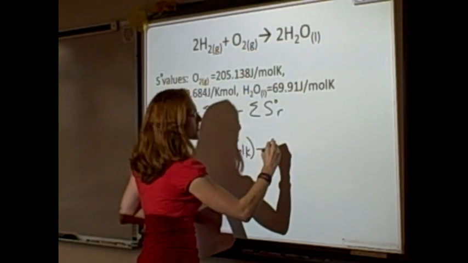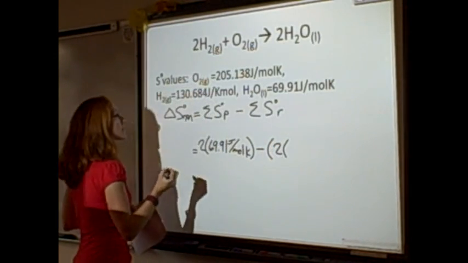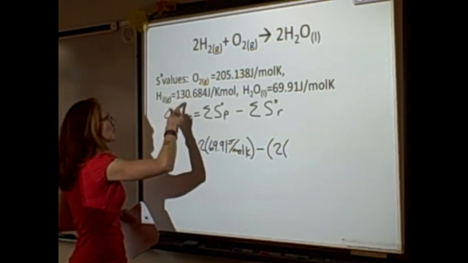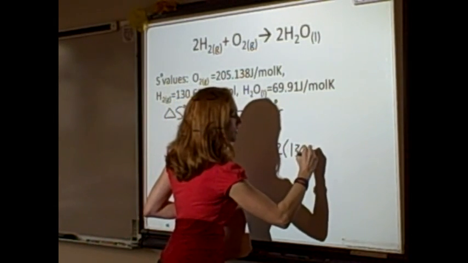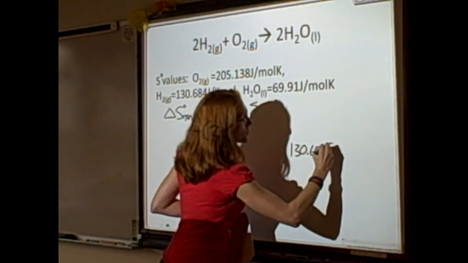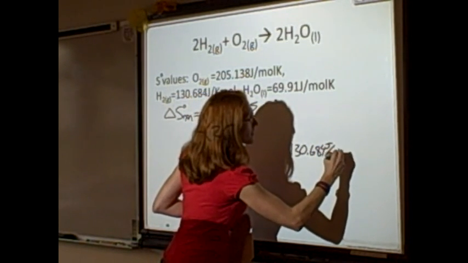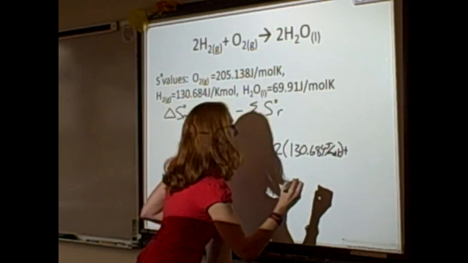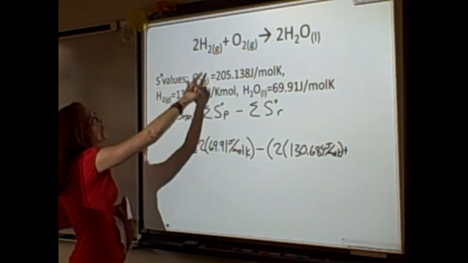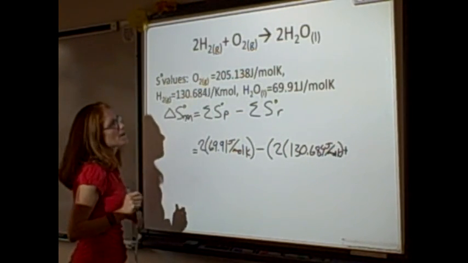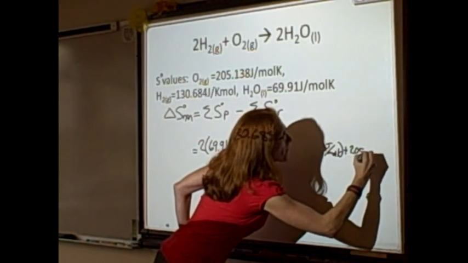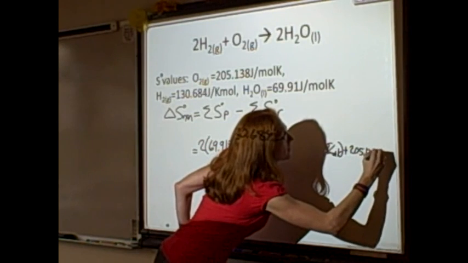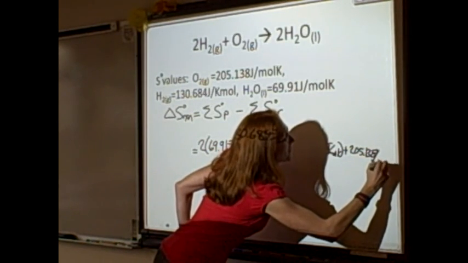So I have 2 moles of hydrogen, so 2 times 130.684 joules per mole Kelvin. And I'm also adding to that 1 mole of oxygen, so 205.138 joules per mole Kelvin.